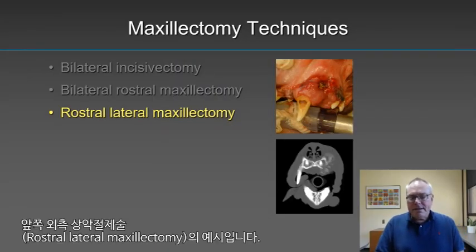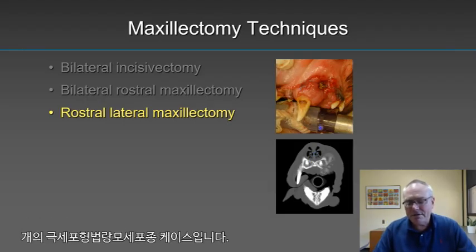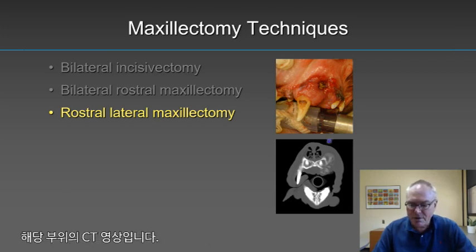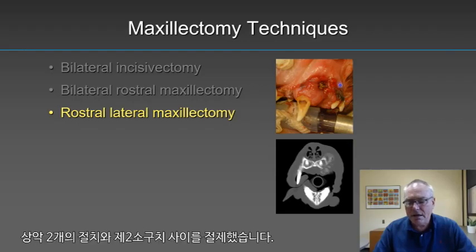Here we see an example of a rostral lateral maxillectomy. So this was a canine acanthomatous ameloblastoma with the corresponding CT scan. So we made one osteotomy between the two halves of the upper jaw, so between the two incisive bones, and then the other incision was at the level of the second premolar tooth.